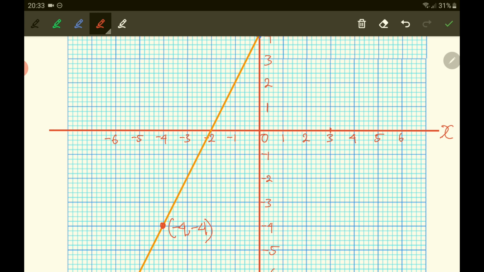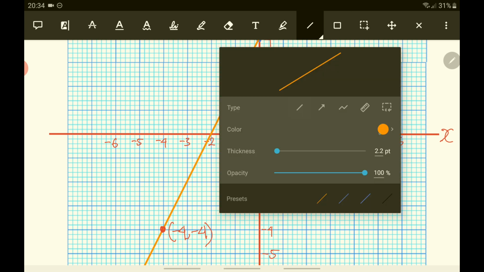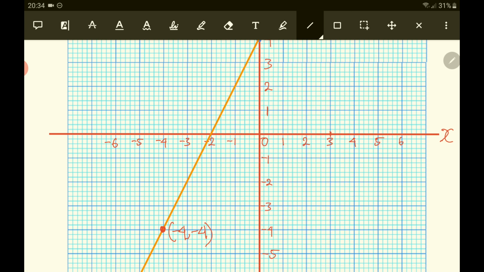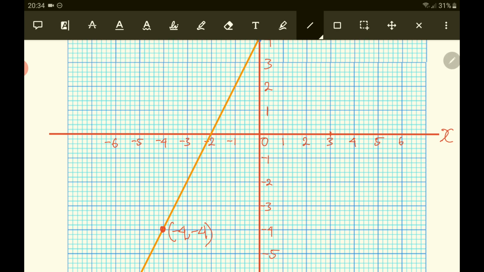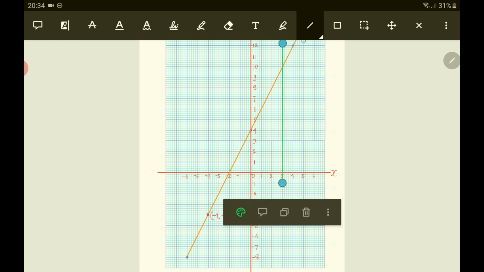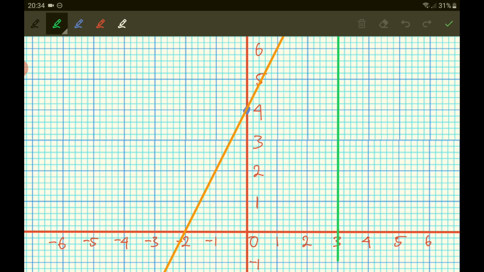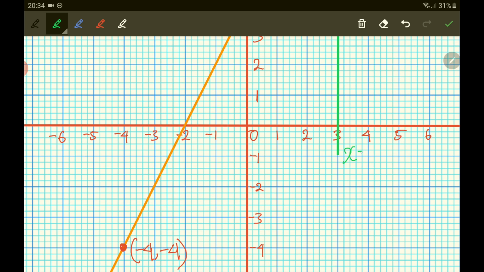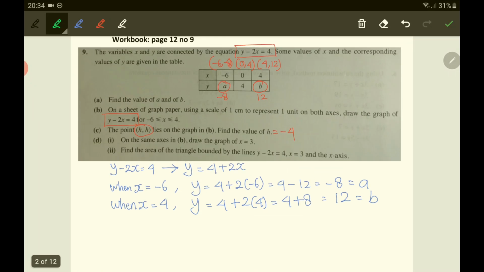I want to draw a line with a different color, maybe green, until it intersects. This is the green line, and the name of this green line is the line of x equal to 3. This is the label. We are done making the line x equal to 3.